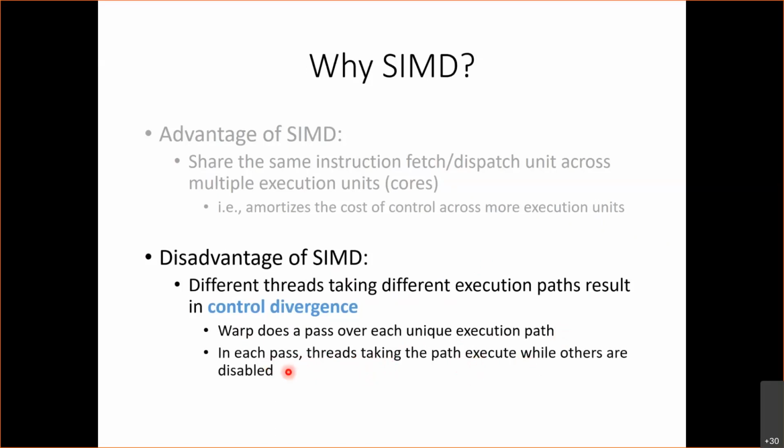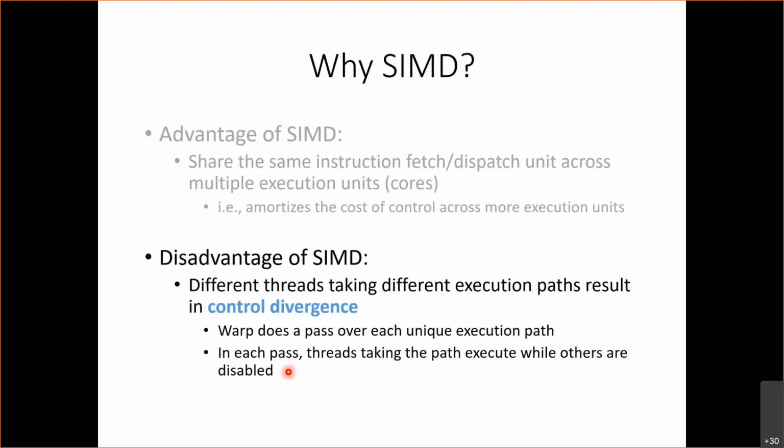So if I reach an if-else statement and some threads take the true branch and some threads take the false branch, all the threads are going to go together to the true branch, but only some of them will execute, and then they will all go together to the false branch, and only the others will execute.